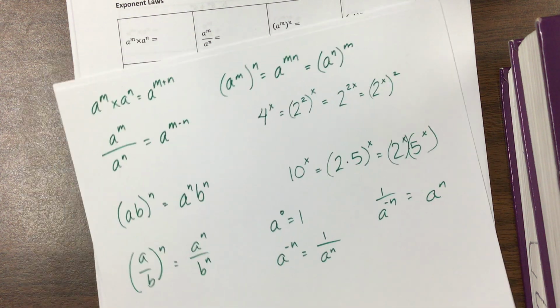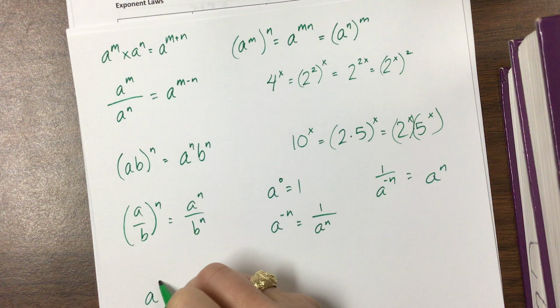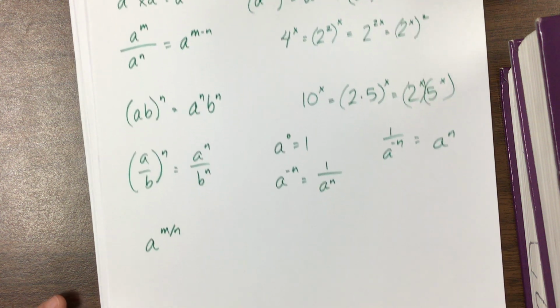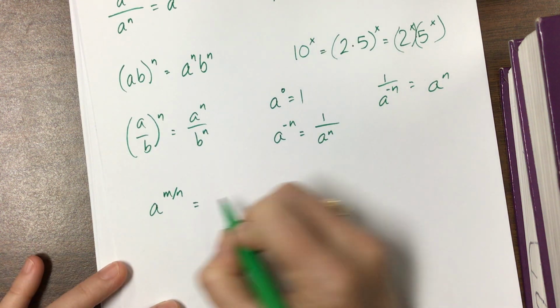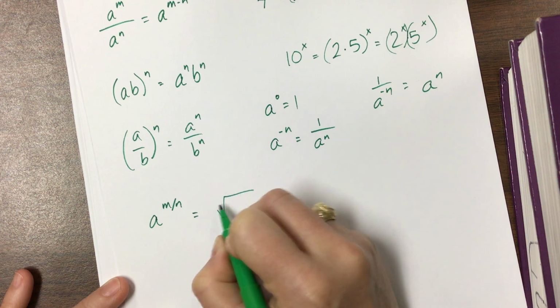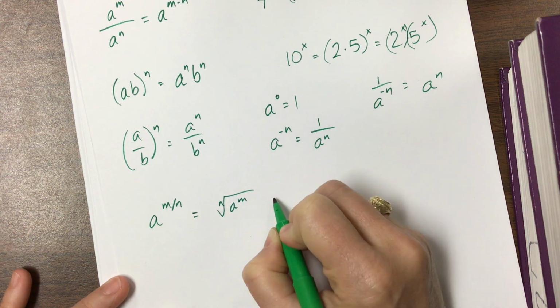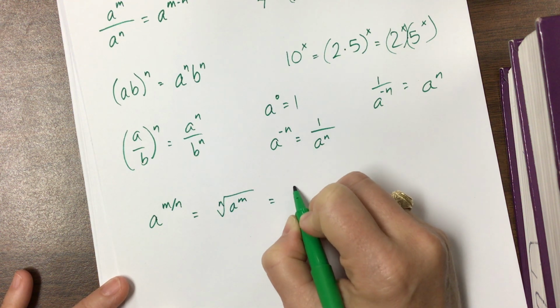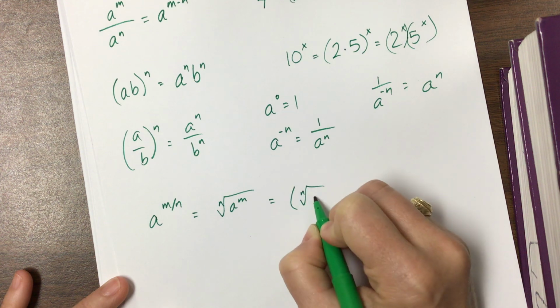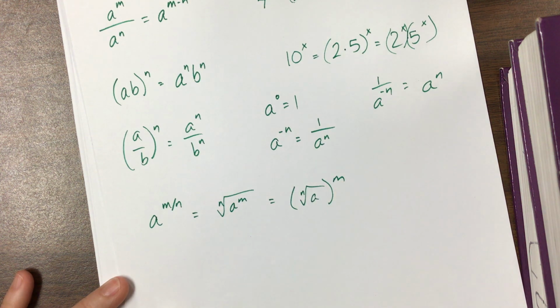And then, if I have a to the m over n, this is like saying it's the nth root of a to the m, or it could be the nth root of a, raised to the mth power.